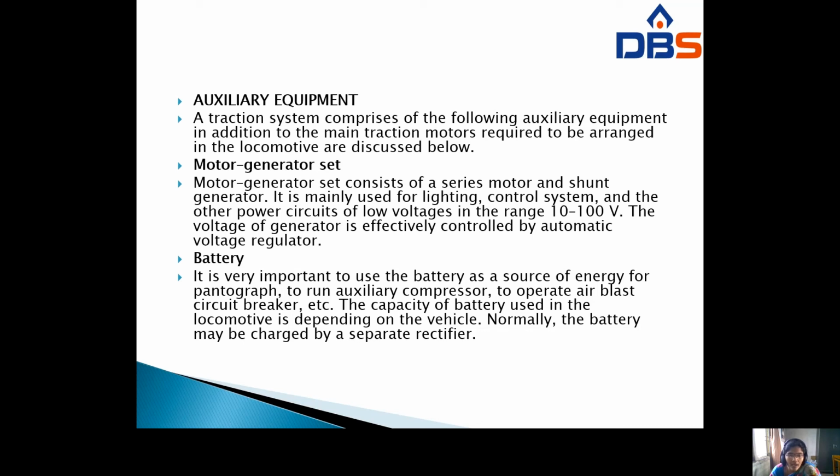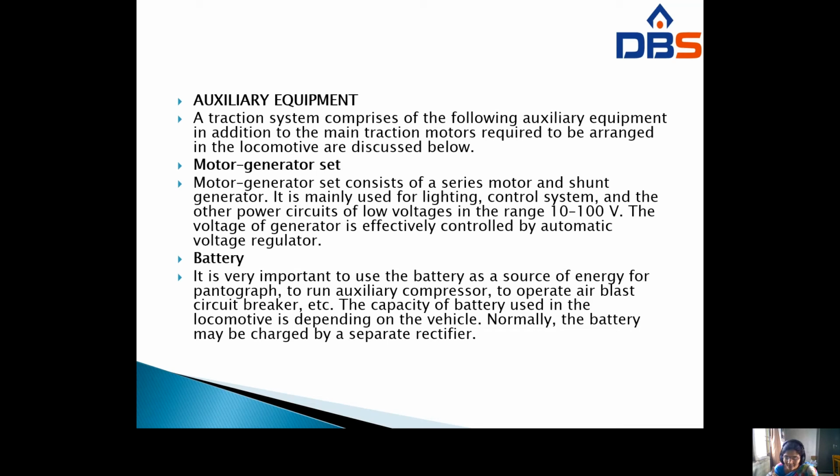In addition to the traction motors, you have to use many other equipment. The first one is the motor generator set, consisting of a series motor and a shunt generator.